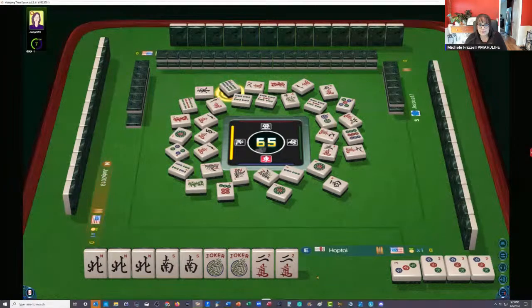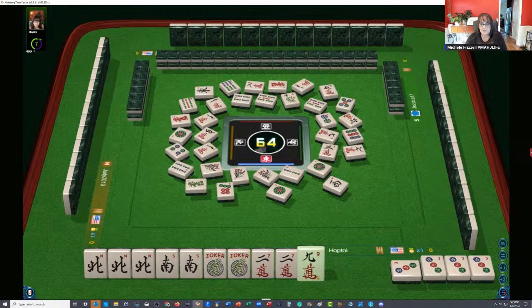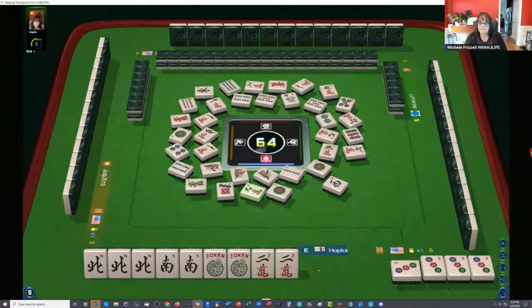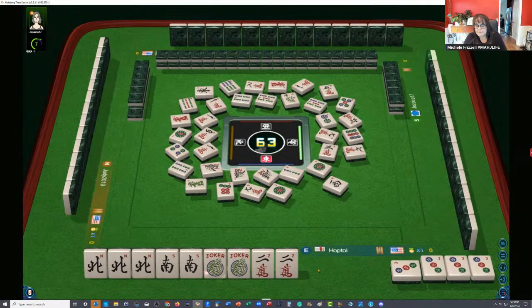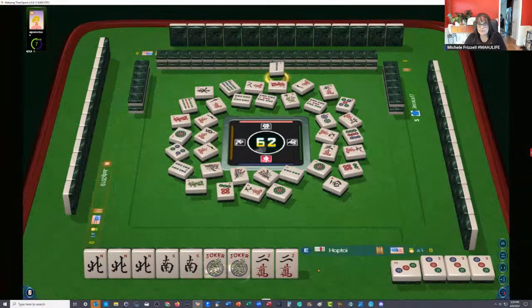6 bamboos. Okay, we're looking for a keeper here. Oh, no. Now okay, here we go. 9 crack. 9 characters. 6 dots. 2 bamboos.